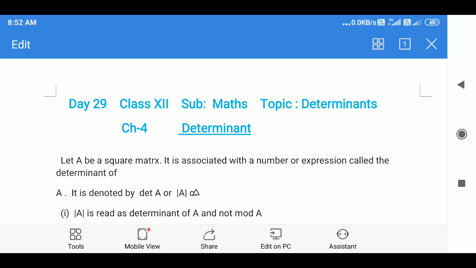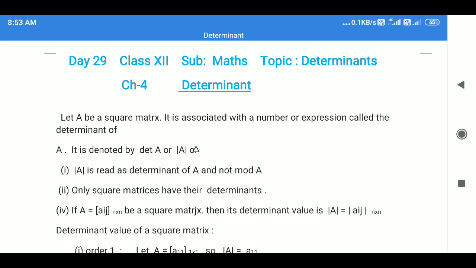So, if A is a square matrix, then its determinant value is denoted by determinant A, or two vertical lines with A within them, or simply delta, a small triangle.